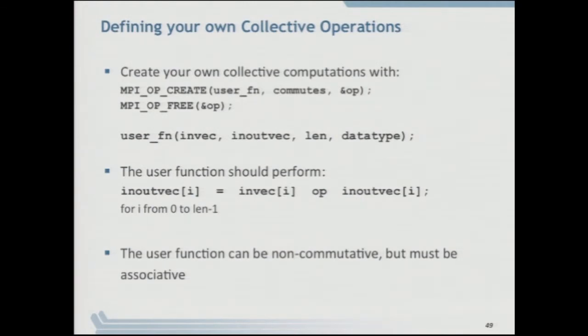If it is not commutative, then we have to be aware of that. You cannot do it in the reverse order, and so some optimizations may not be done in that case. So that's why this is there. So the user function is allowed to not be commutative, but it must be associative. So all reductions have to be associative.